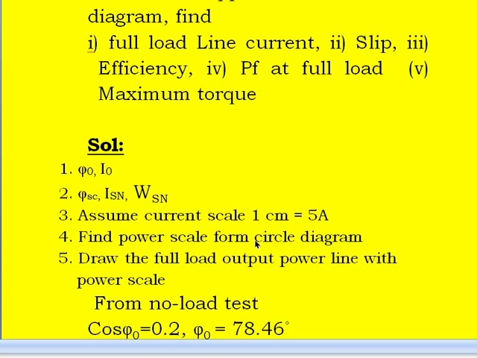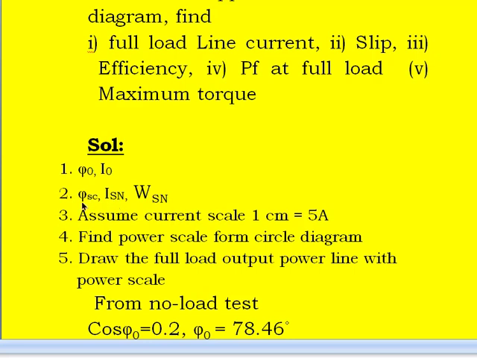So to get these values, the following steps are to be followed. First of all, we should know what is the no load power factor and what is the no load current.